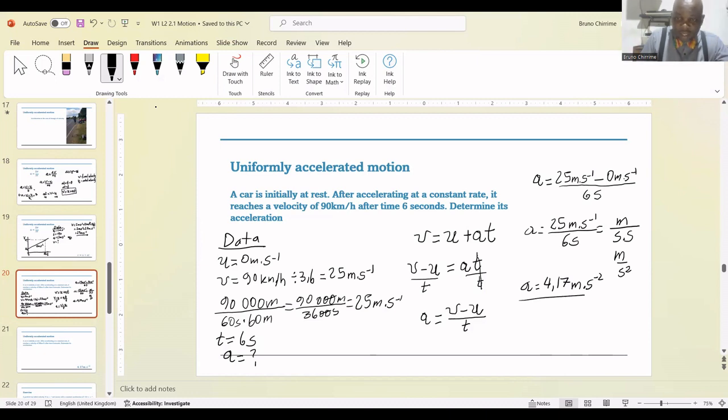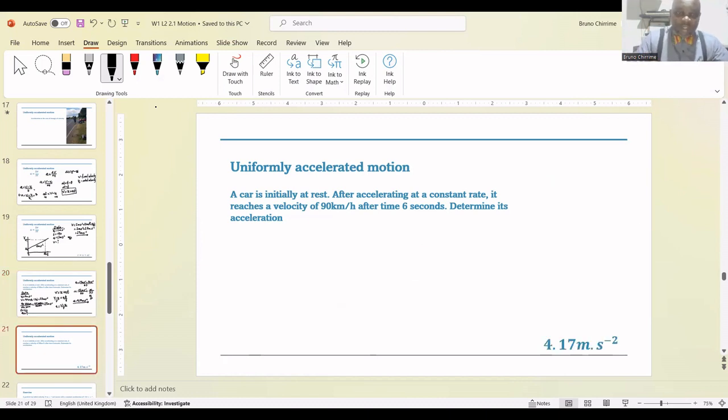Because of time, we probably do not have enough time for you to carry on and do an exercise. A particle has an initial velocity of 12 meters per second and moves with a constant acceleration of 3 meters per second squared.